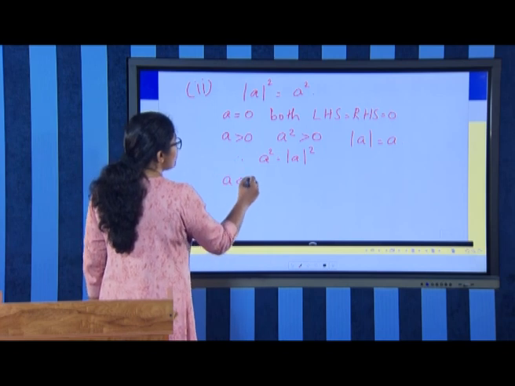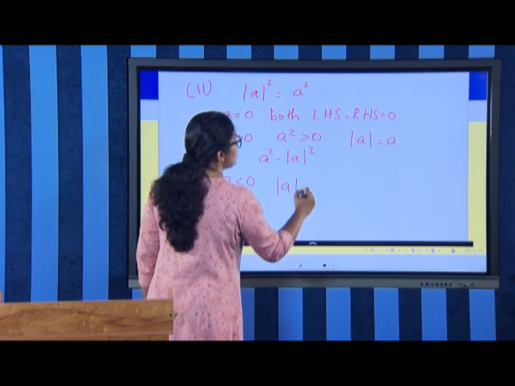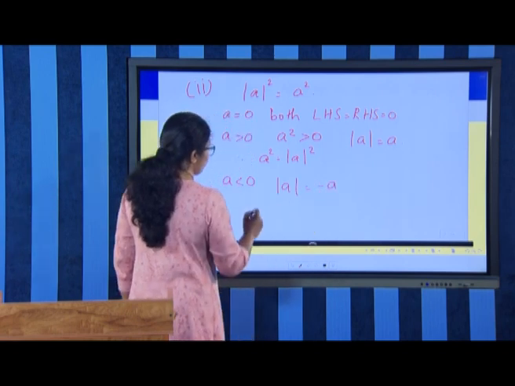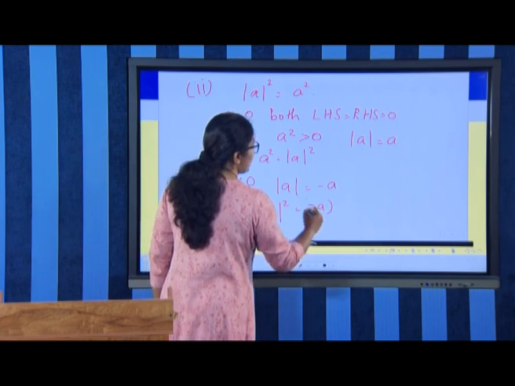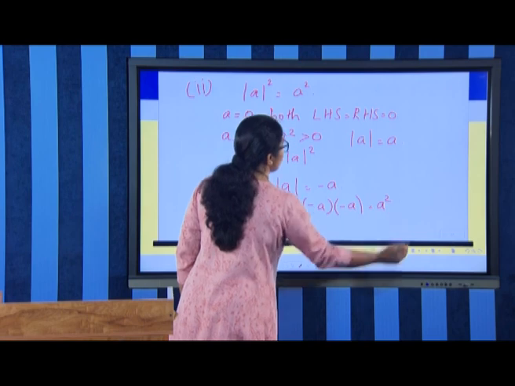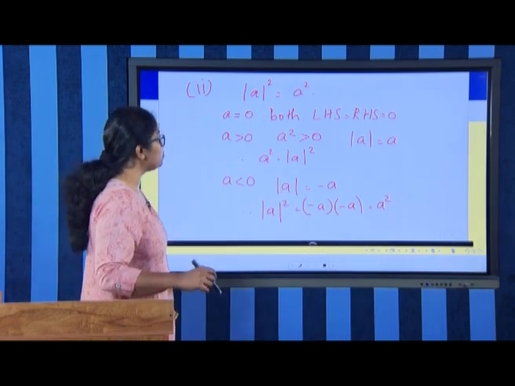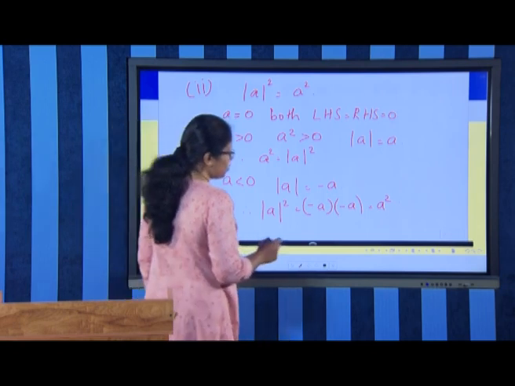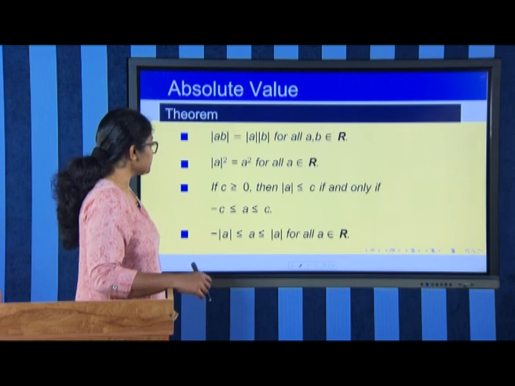And third case, when A is less than 0, we have mod A is equal to negative A. Therefore, mod A the whole square is equal to negative A into negative A, which is equal to A square itself. So, in all the different cases, we have A square is equal to modulus of A the whole square. So, we are done in the second case as well.